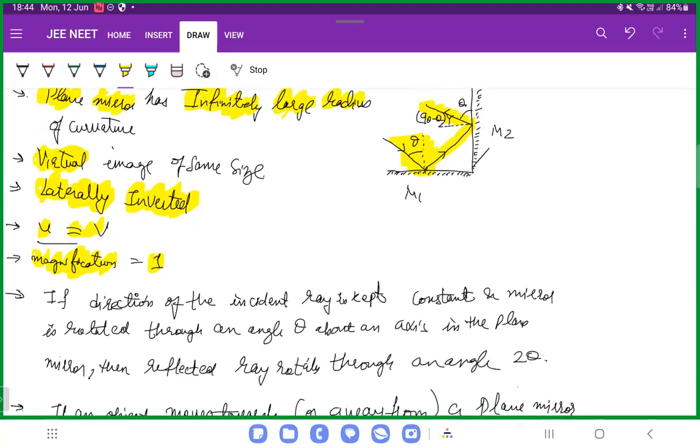As we are moving at some angle theta, the mirror also moves theta, so we face a difference of 2 theta. If you remember, you have done this type of question in 10th standard also.